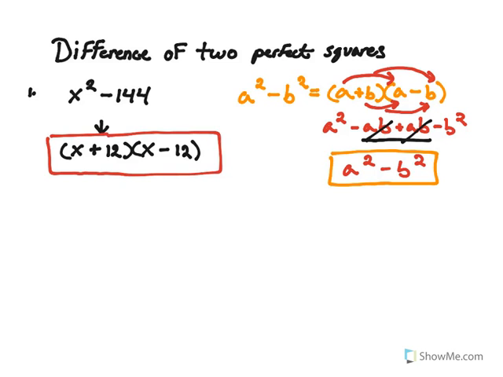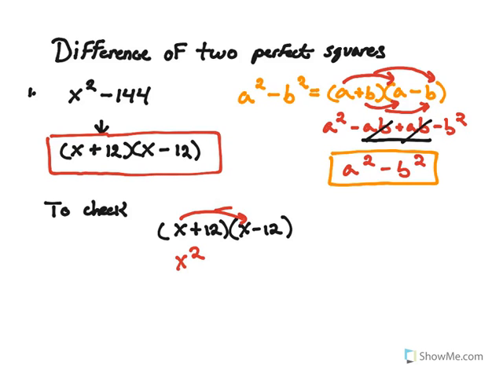And then if you want to check, you can go ahead and FOIL this out. You don't have to do this. I'm only doing this to show you that it will work every time. So x times x we know is going to be x squared. X times minus 12 is minus 12x. 12 times x is positive 12x.